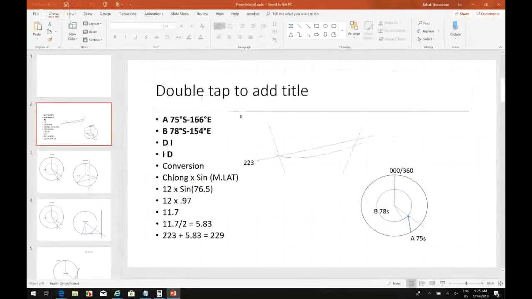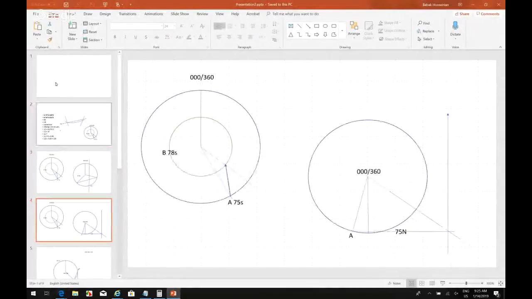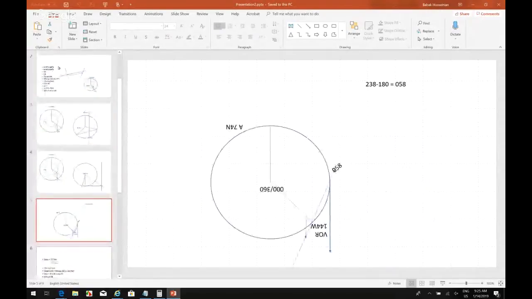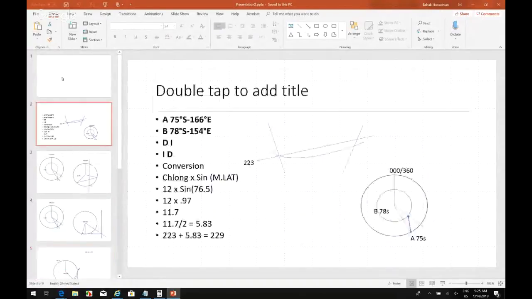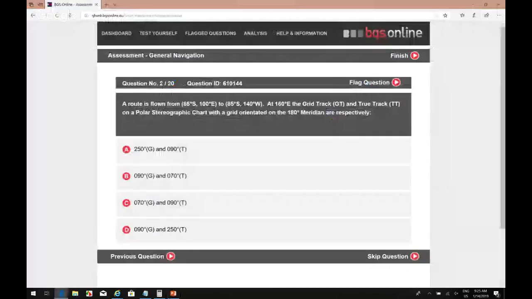Have anything there showing that? Not really. I thought I did that last time. Since I didn't save it, then yeah, so we've got 100 east, at 160 east. The true direction is going to be 090 approximately for a run line. At 160 east, the grid track and the true track on a polar stereographic chart. Okay.